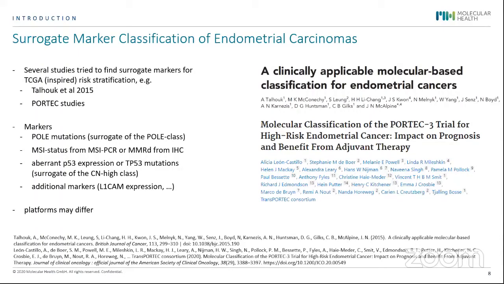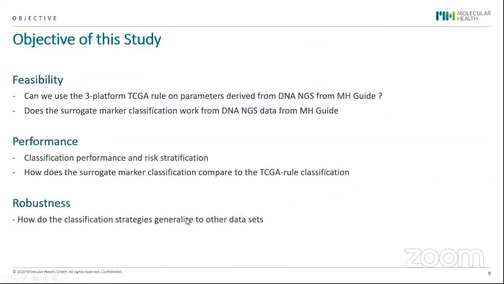And as a surrogate for the CN high class, they use p53 expression or mutations in TP53. And some use additional markers, but I will not go into this here. So the platforms may differ, the exact scheme of classification may differ, but the common point is they all use these surrogate markers.